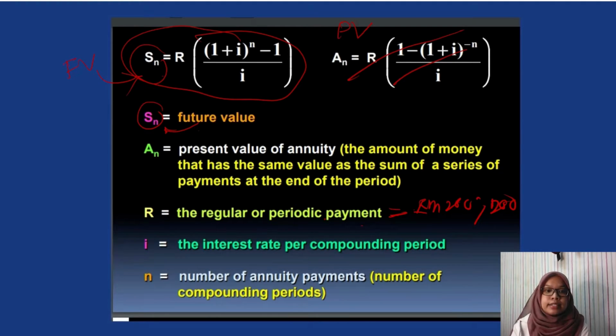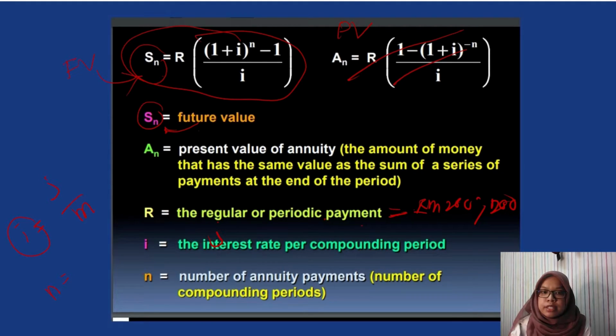So I will use j for the interest rate, and for the compounding period I will use m to get the interest rate. Okay, so n is basically the number of annuity payments.